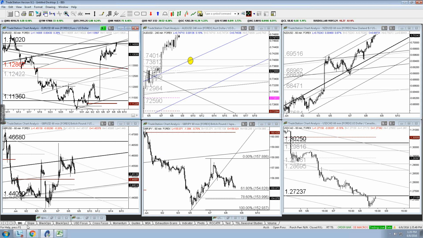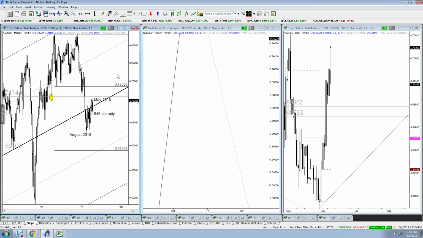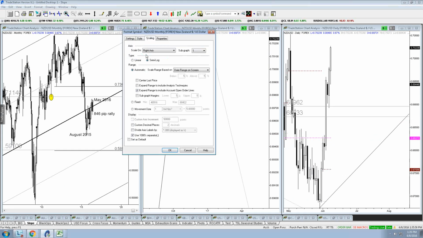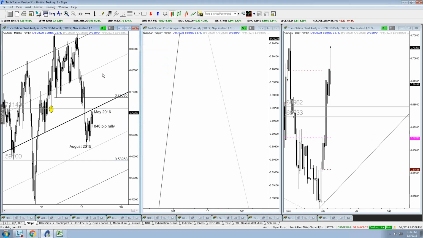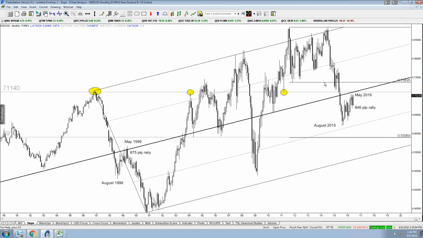And let's go over that real quickly. This chart was put up not too long ago. The August 98 99 situation, pretty similar to the August 2015, May 2016 situation.